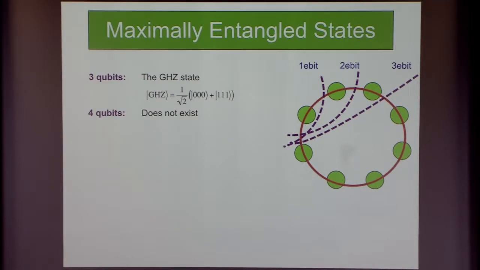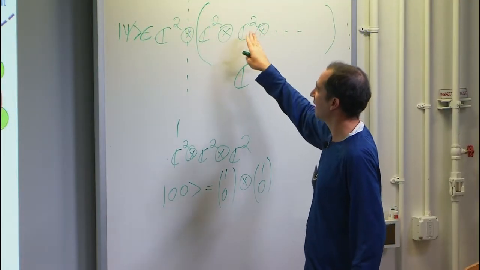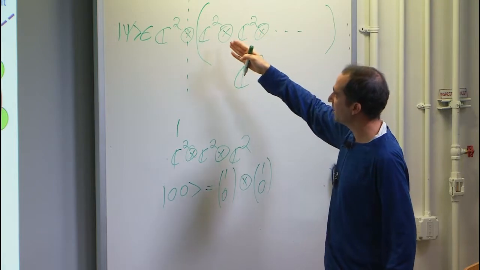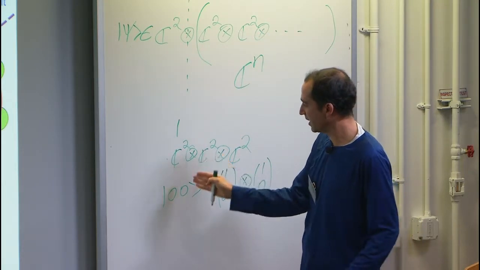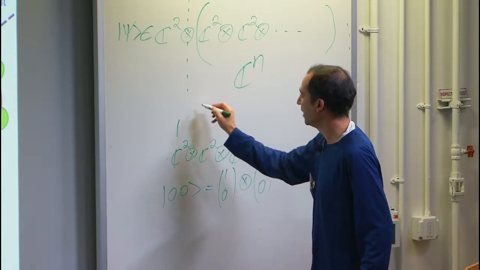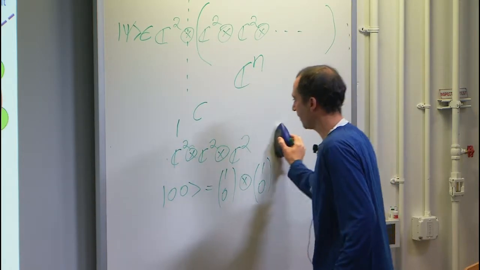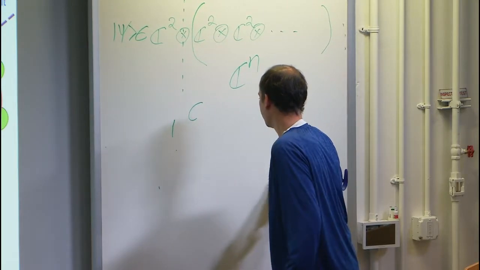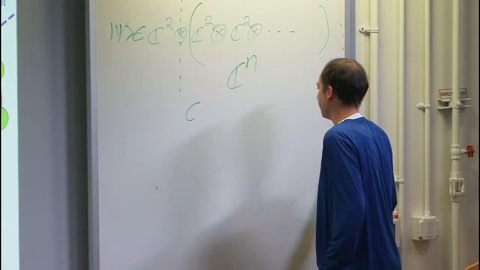It doesn't exist. There is no such state. The reason is that if we have 4 qubits, the requirement is not just that every one is maximally entangled, but also every bipartite cut should be maximally entangled.